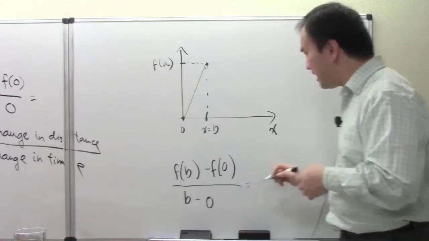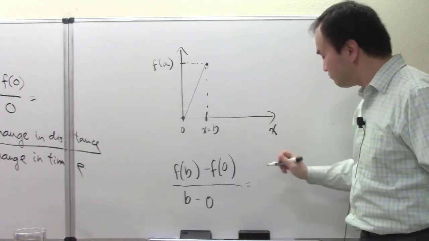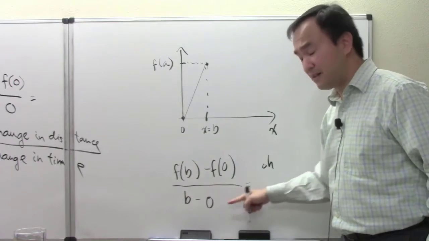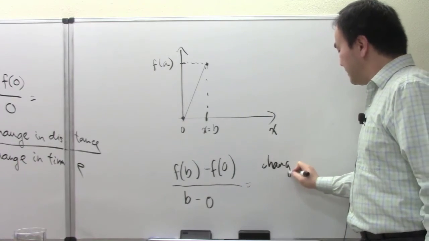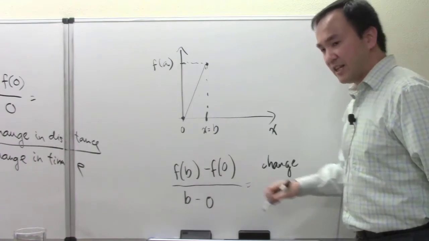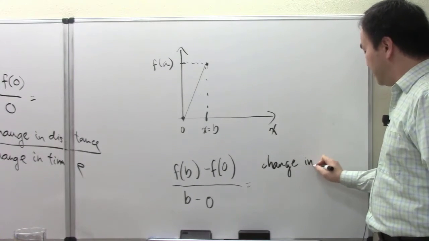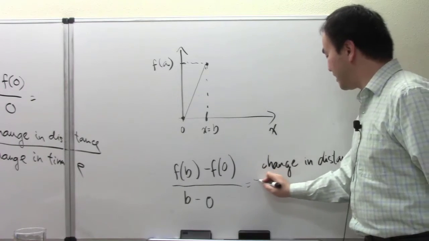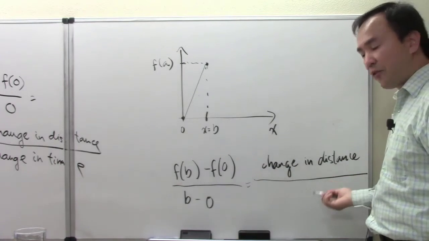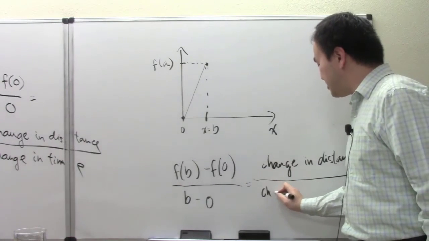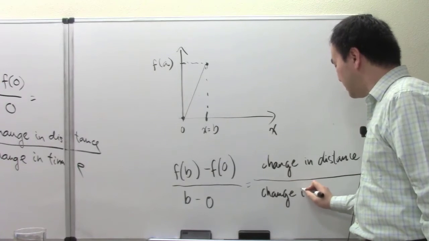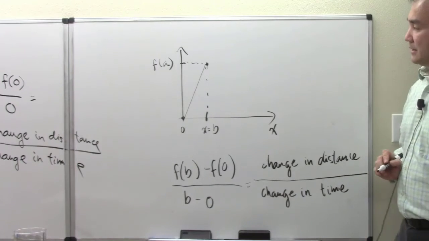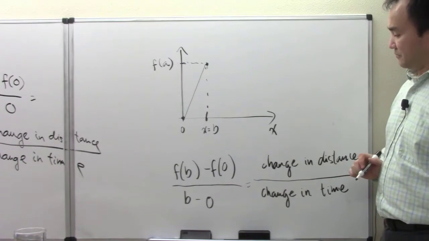In the end, the ratio that I just set up has, in the numerator, that difference, which is the change in distance. And we're setting that up as a fraction over the change in time.